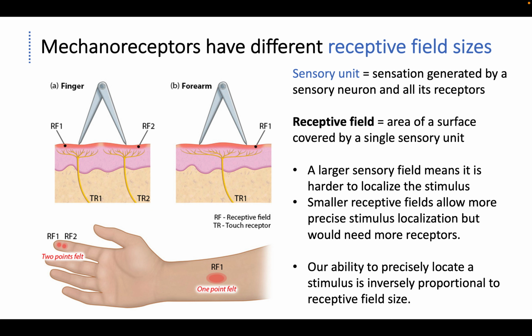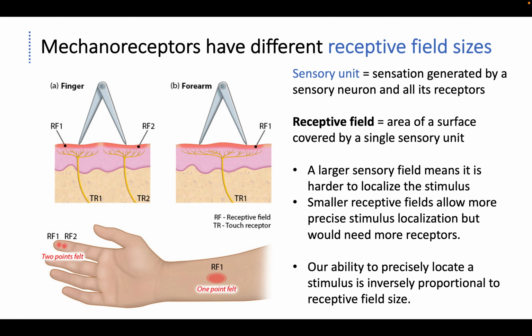If both of those points are within the same receptive field, you are more than likely going to only feel as if there was 1 point touching you, even though we can see here that there's 2, right? It's touching here, it's touching here, but you only have 1 feeling. You only perceive 1. This is because both points are within 1 receptive field, so it's transmitted along 1 axon, and you perceive it as just 1 touch, 1 point.